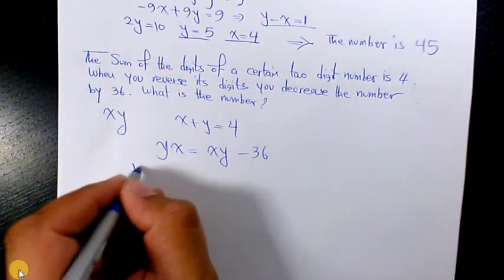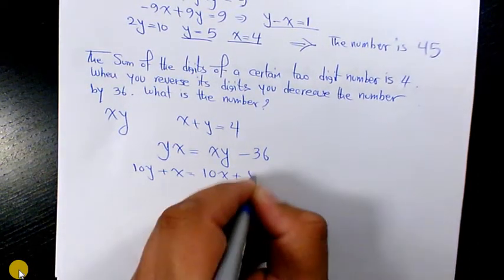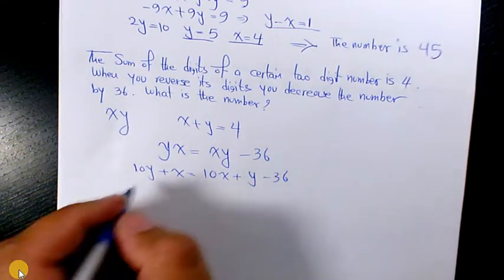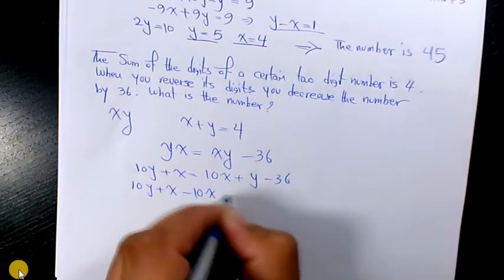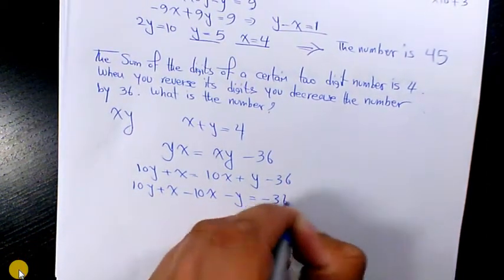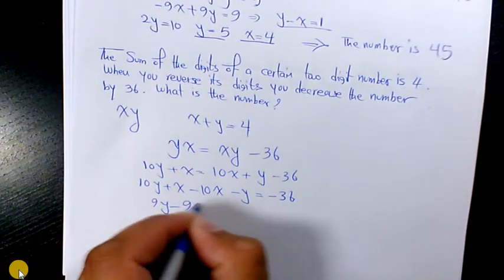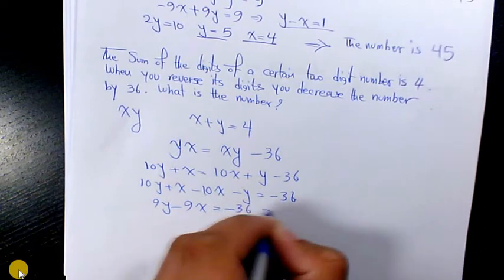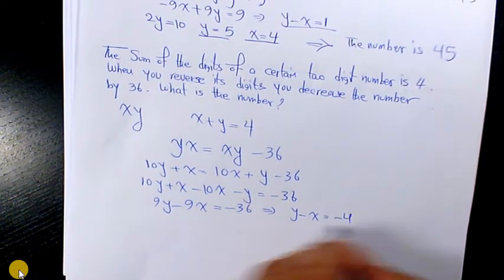So it's going to be 10y plus x equals 10x plus y minus 36. So move it over there. 10y plus x minus 10x minus y equals negative 36. So it's going to be 9y minus 9x equals negative 36. So that's going to be y minus x equals negative 4.